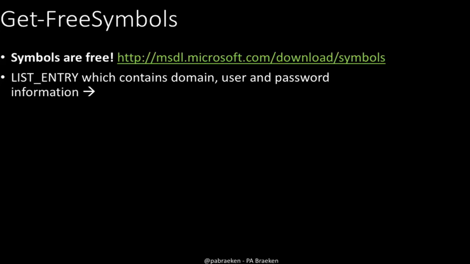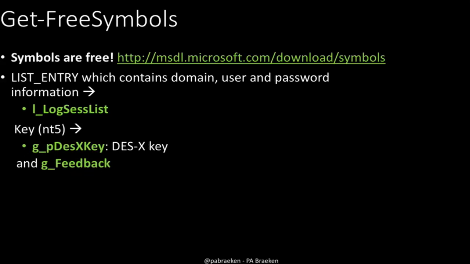The list entry is a doubly linked list entry, so each element is linked together in a circular way, and it will contain the domain, user, and password of people who are logged on to the computer you will access. So the symbol for this doubly linked list entry is LogonSessionList.